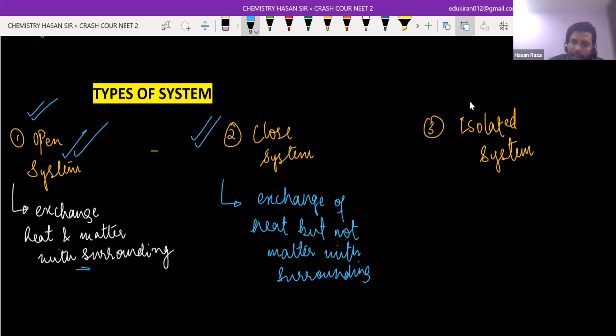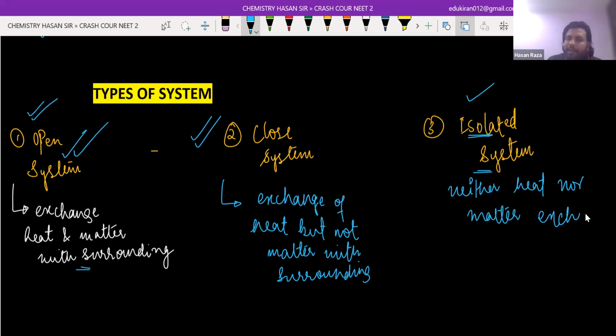Now come to the isolated system. What is isolated system? Basically, neither heat nor matter is exchanged with the surrounding. That is your isolated system.